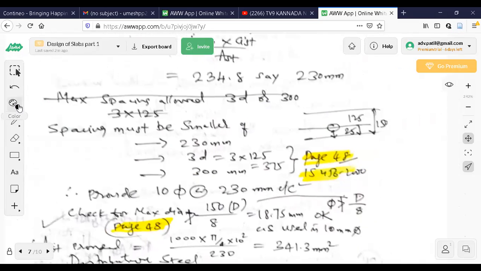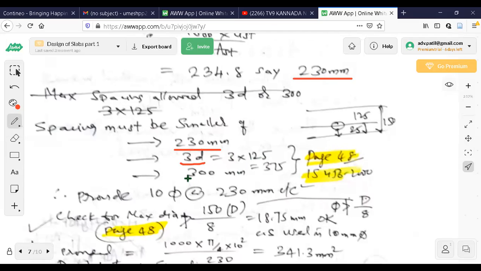First one is this one, smaller of 3 times the depth, 3 into 125, or it should not be more than 300 in any case. So out of these three possible spacing values, choose the smallest one. Therefore, provide 10 at 230. Out of these three, you can see the smallest is 230.